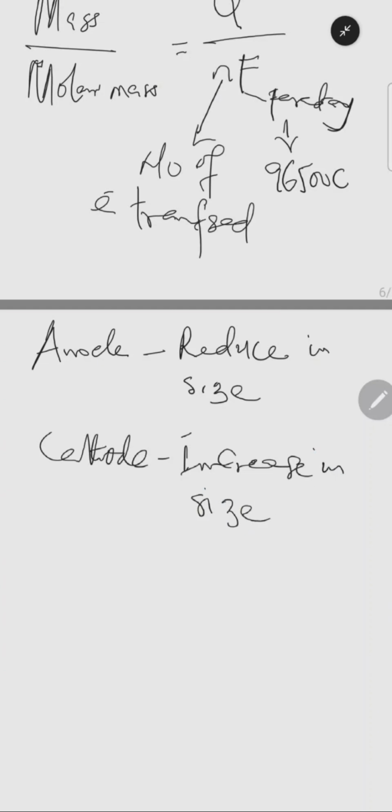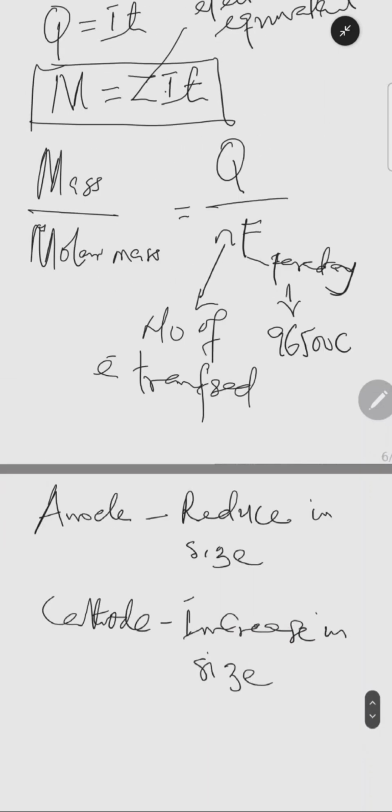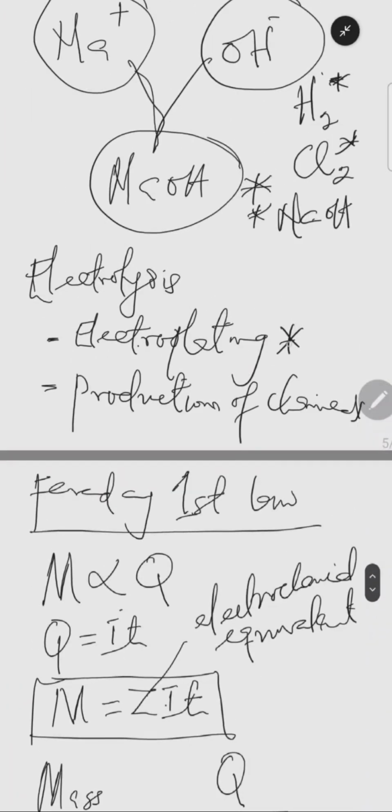So it means what you are losing at the anode is what you are gaining at the cathode. Nothing is lost. You lose something at the anode, then you gain something at the cathode. That goes back to the concept of electroplating.